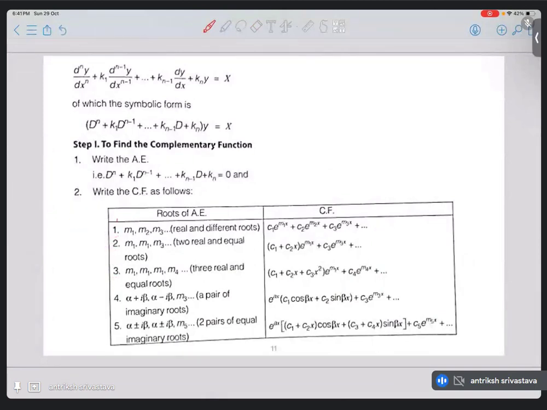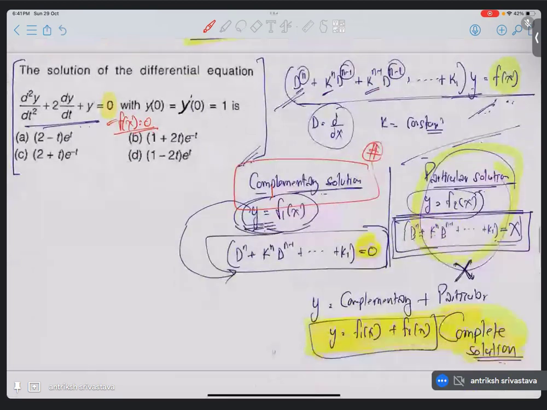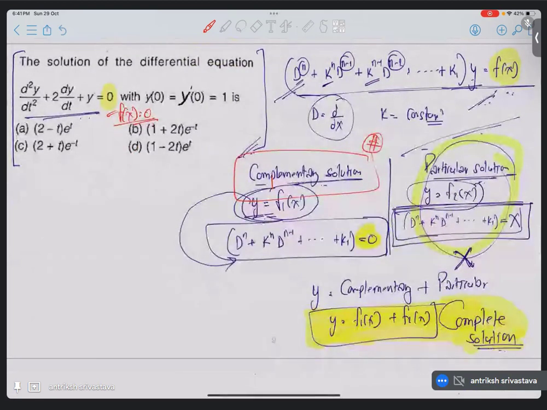This fifth one is very rare. That is, this whole topic is rare, so this fifth is not even asked in the exams, but these four are very common. So let's see. We'll solve this, and while solving, we'll look at which case we have.